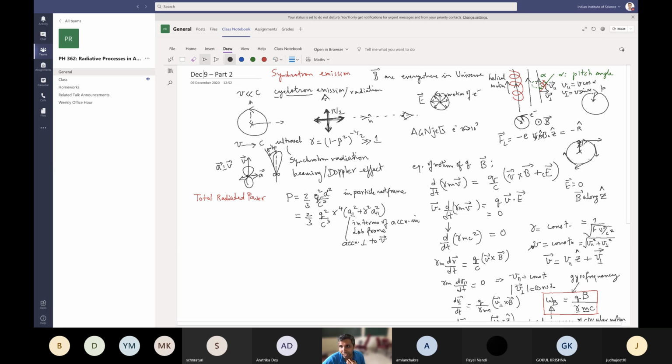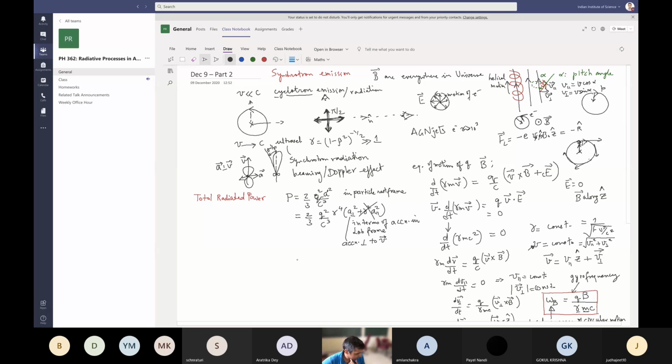So A parallel is 0. If you have a circular motion, of course, acceleration and velocity are perpendicular to each other. So we can just ignore this.